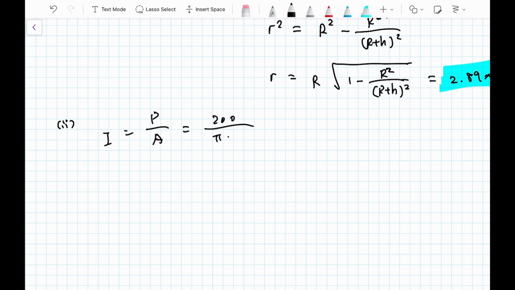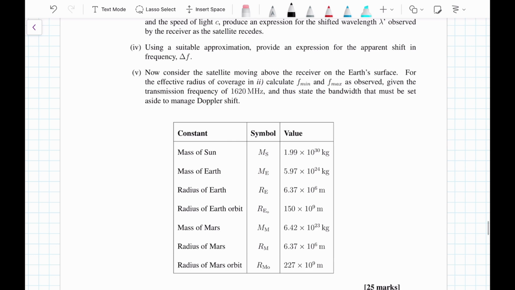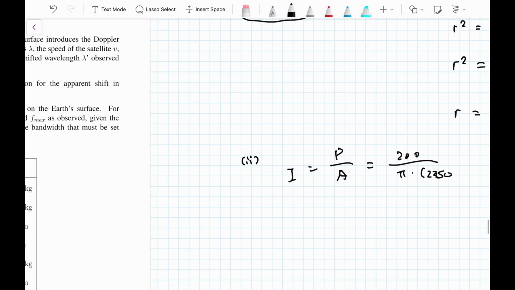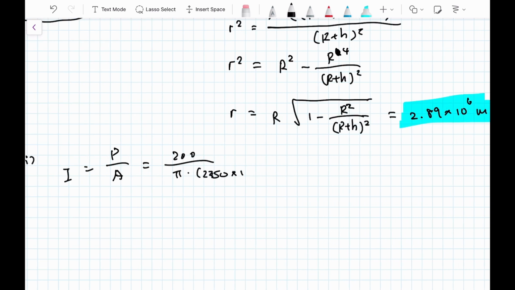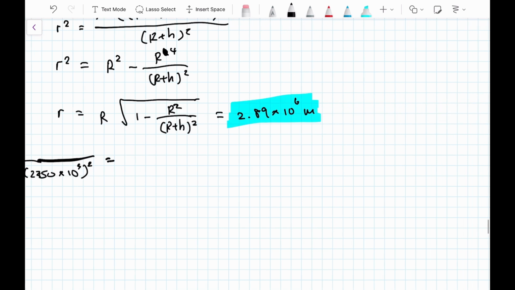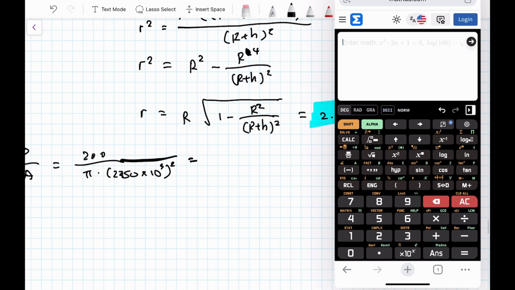Pi times 2350 times 10 to the 3, squared. So we should have 200 over pi times (2350 times 10 to the 3) squared.